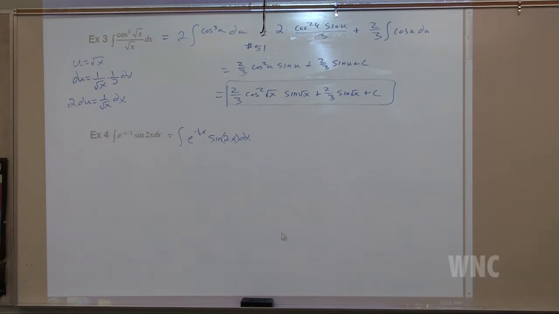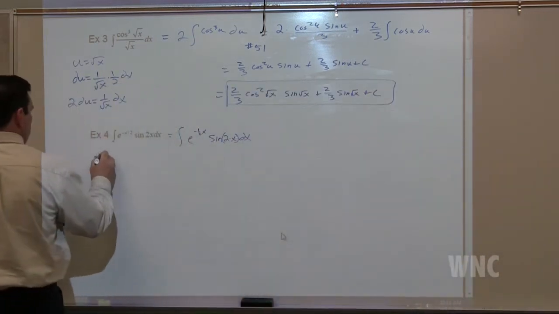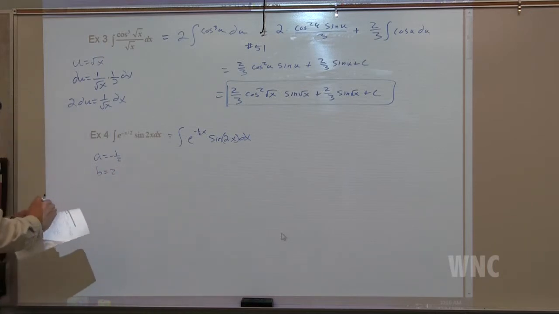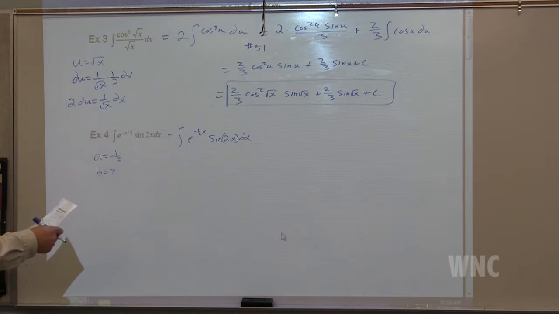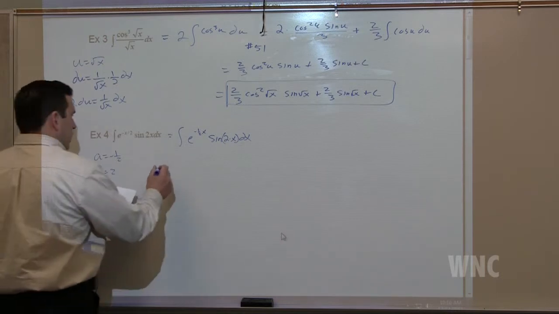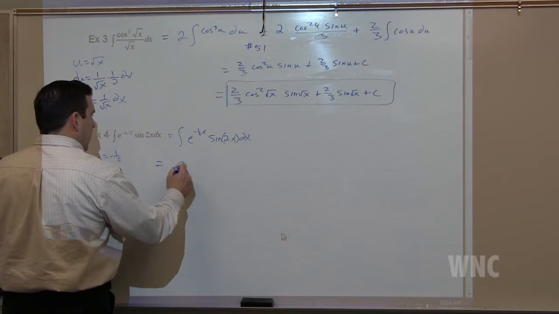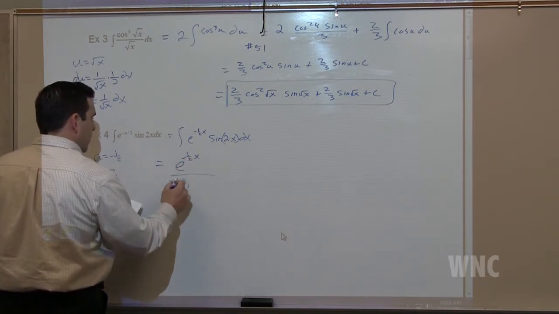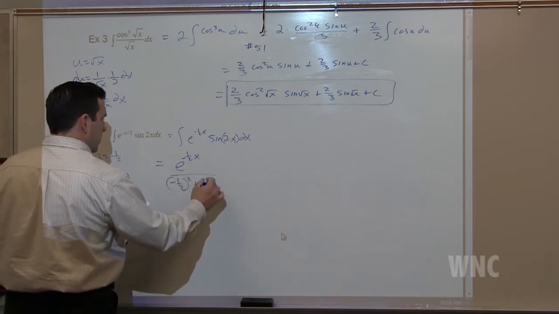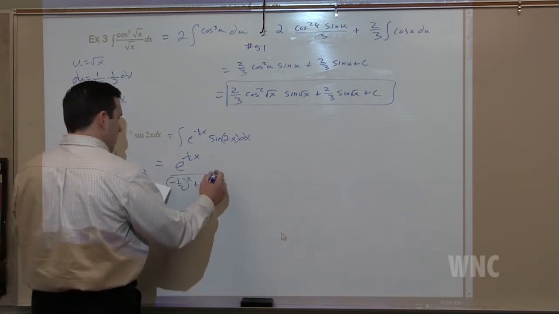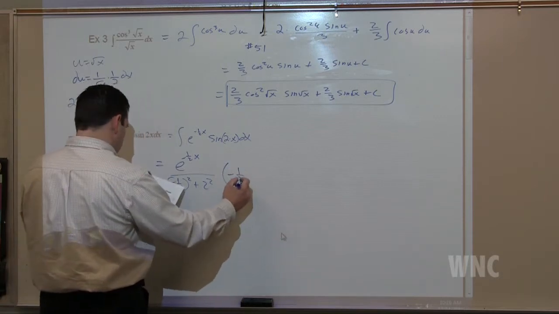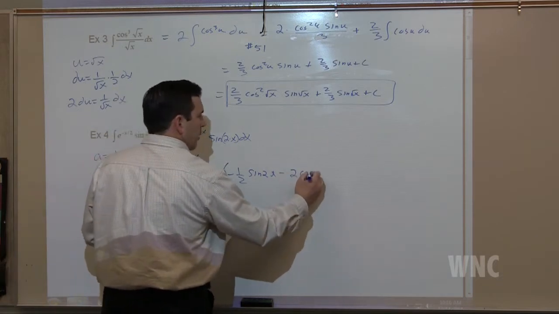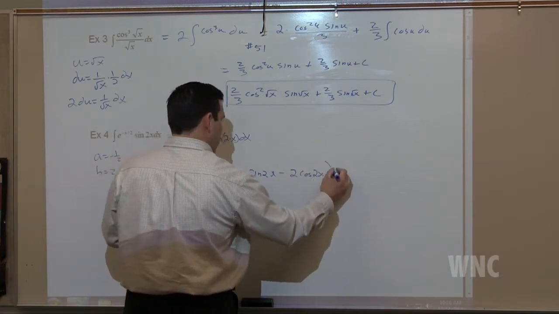So in this, our a is -1/2, our b is 2, so this works out to be e to the -1/2 x over -1/2 squared, remember it's a squared plus b squared, plus 2 squared, times -1/2, that's our a, sine 2x minus 2, that's the b, cosine 2x plus c.